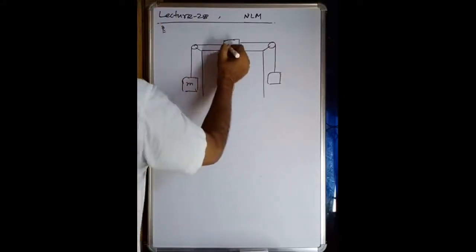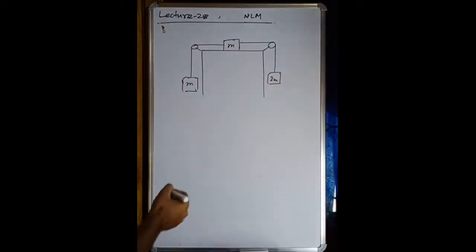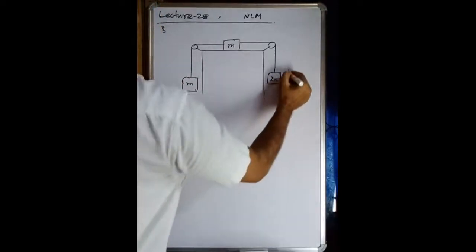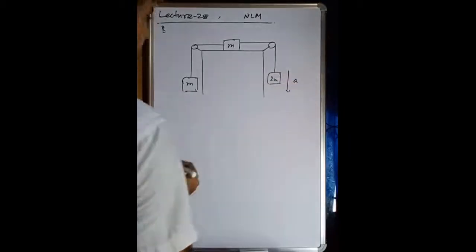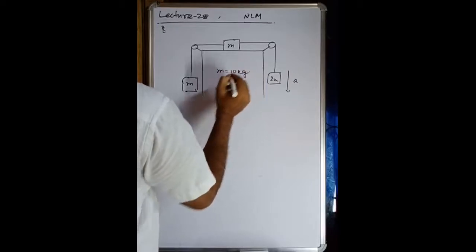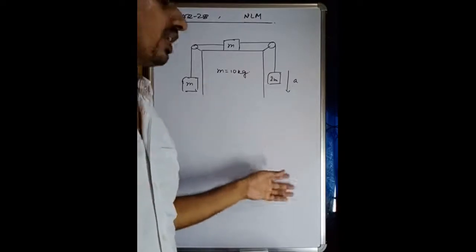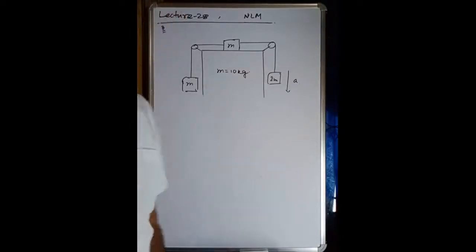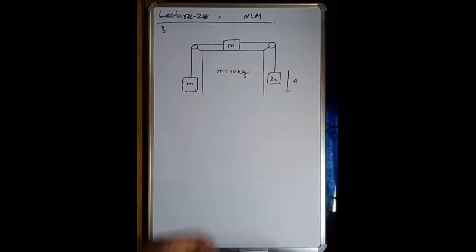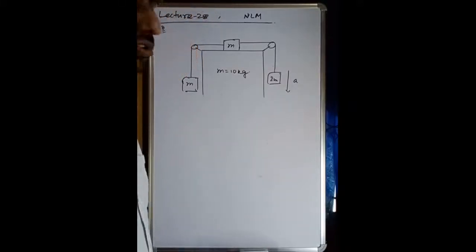Here the mass is, suppose, 2m, the system is moving down with an acceleration a. If m is 10 kg, then you have to find the acceleration and the tension in each string. Okay, acceleration and tension in each string. Yes, what will be the answer? Try to solve this question, pause the video and try to solve it.